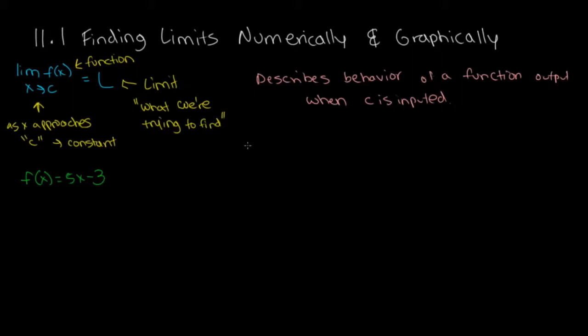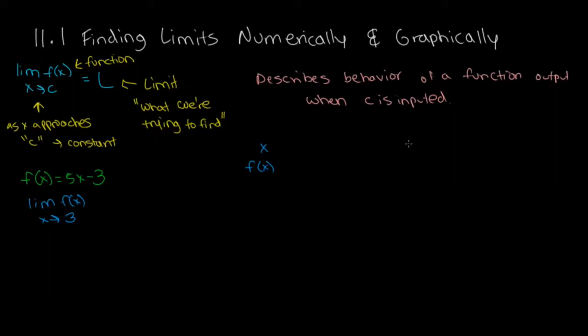So if we have our linear function f of x is equal to 5x minus 3, we're going to use a table to find values that are nearby and thus evaluate the limit. Making our table, we're going to have x, and the output of the function, the input and the output. We're trying to find the limit of f of x as x approaches 3.